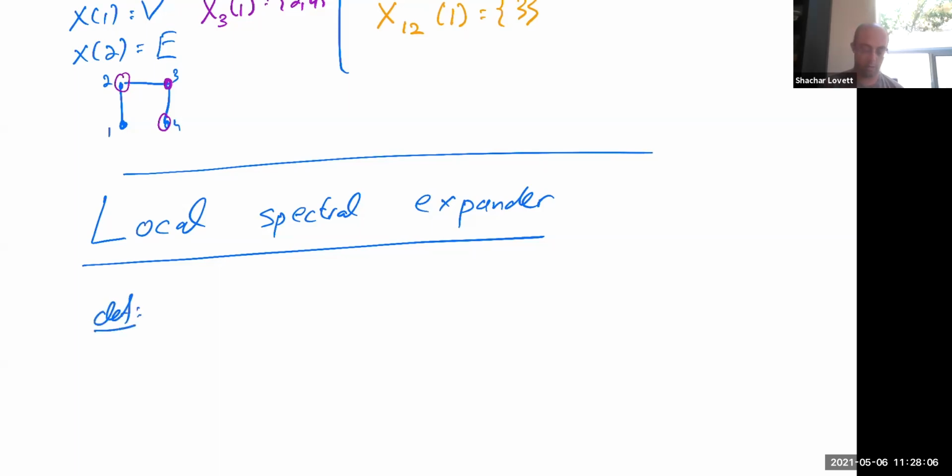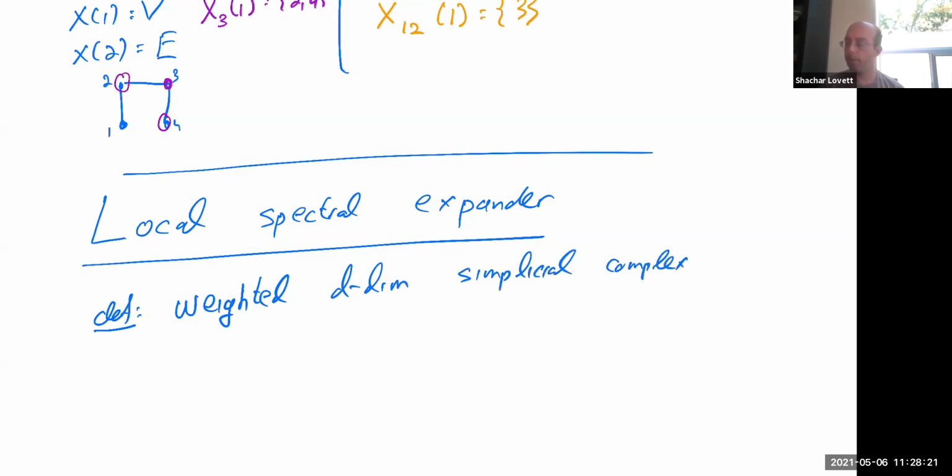Here's a definition. A weighted d-dimensional simplicial complex is a pair (X, pi).